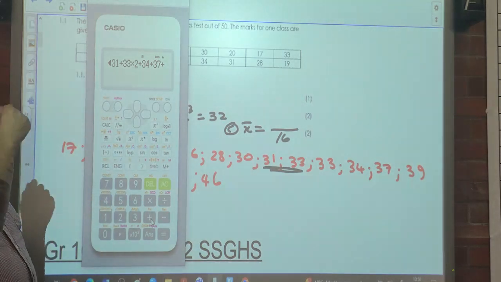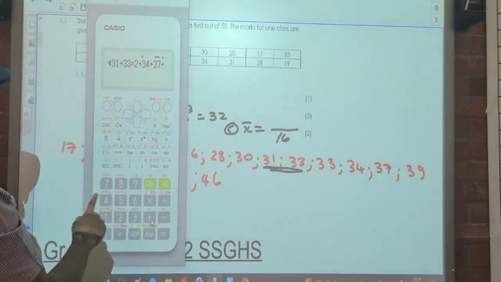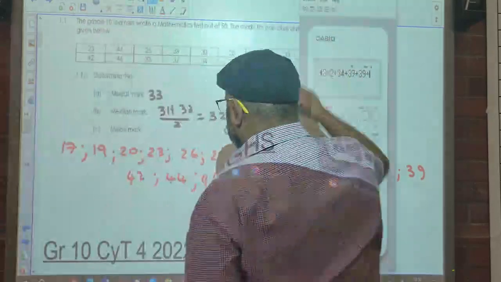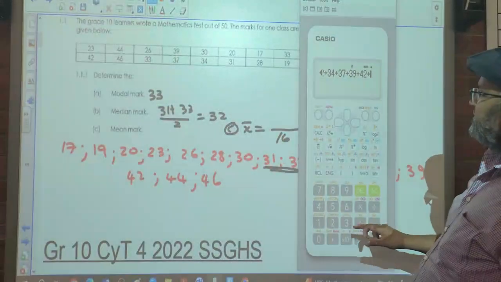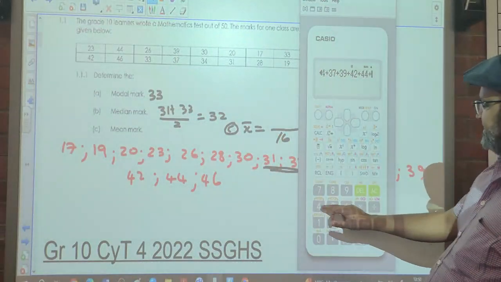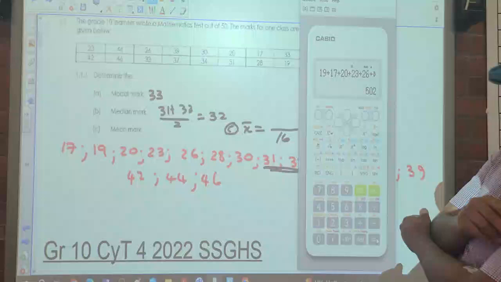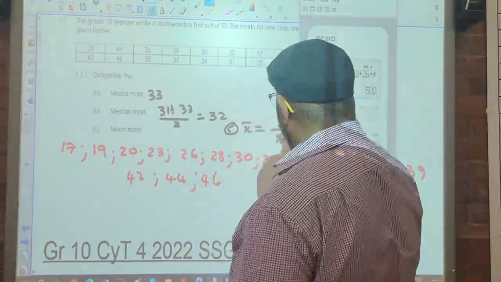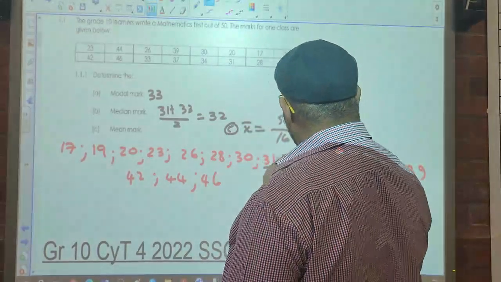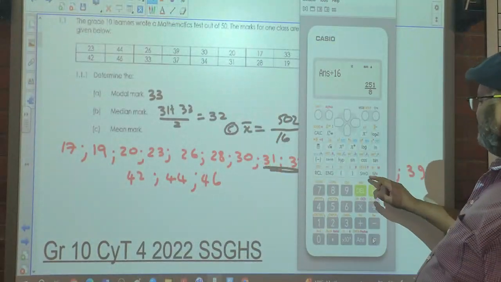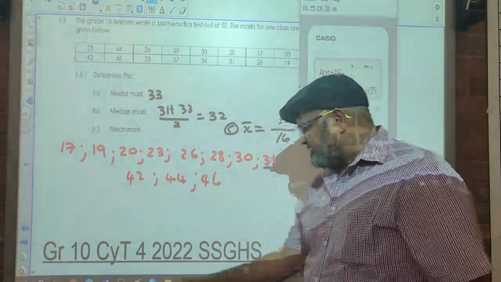You can add the numbers from the table as well, doesn't matter. It's 39 plus 42 plus 44 plus 46. That gives us an answer of 502. Is that correct? Yes. So 502 divided by 16, of course, gives you an answer of 31,38.